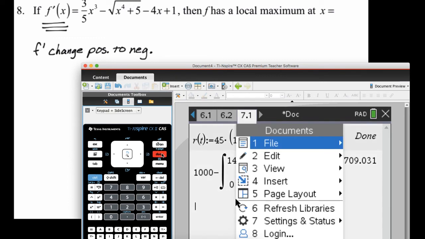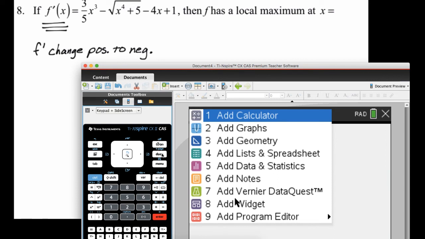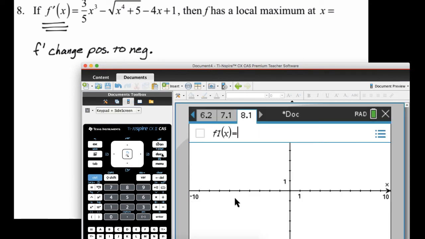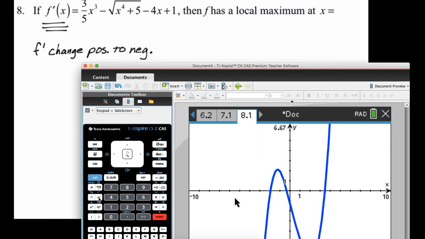So let's do it. Doc 4, new problem. I'm going to graph because I just need to see where it changes. So 3/5 x cubed minus square root of x to the 4th plus 5 minus 4x plus 1. Okay, so there's only one point where we're changing from positive to negative. It's right there.